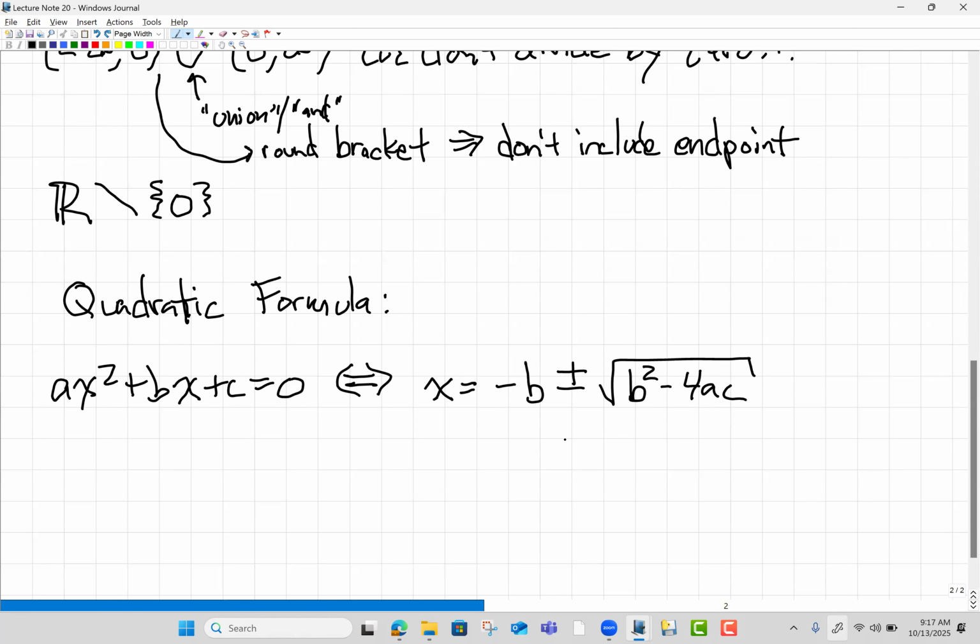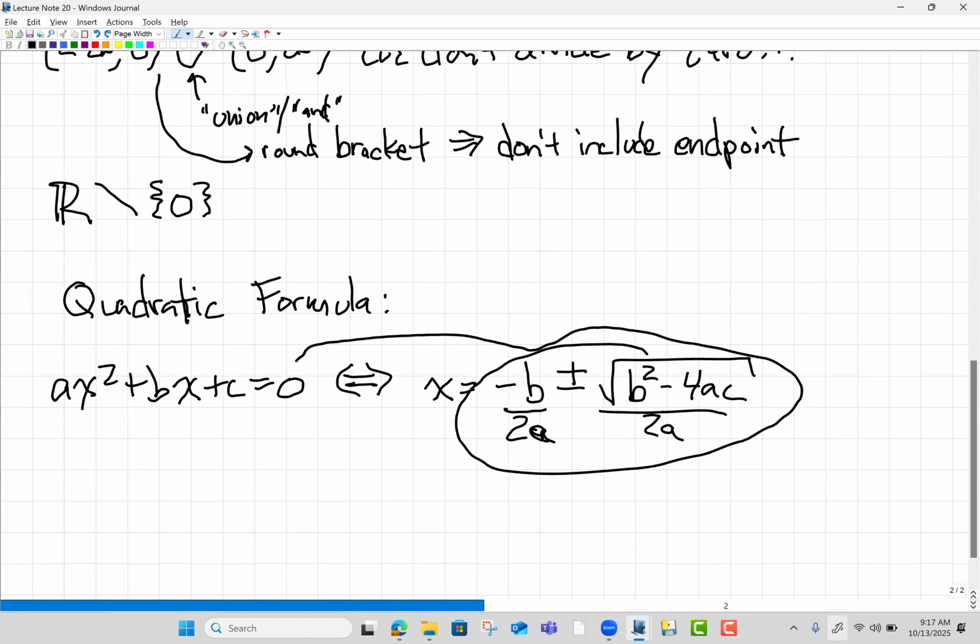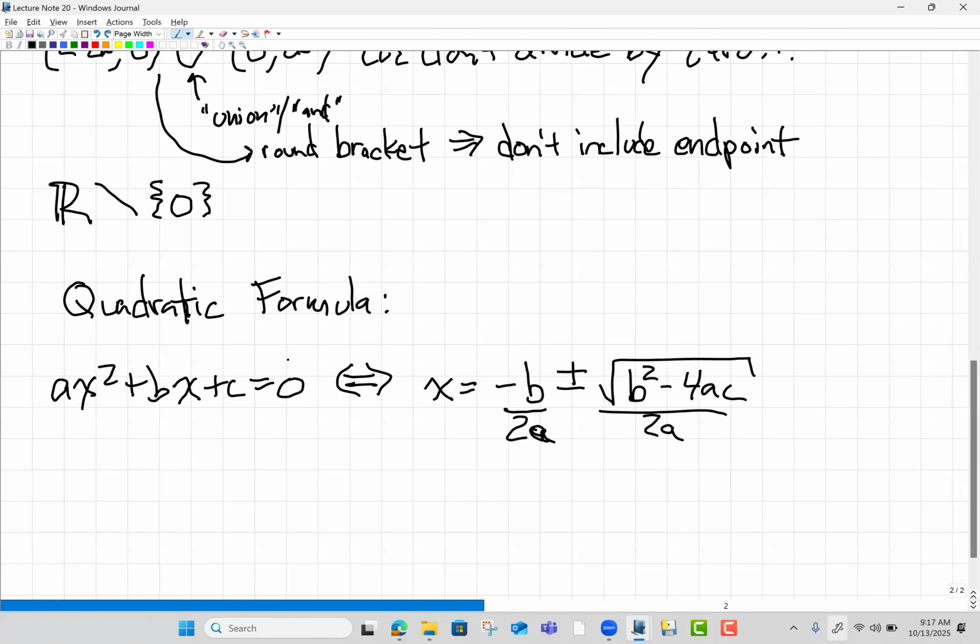Y'all might like it better like this if I broke it up. Okay. Either way is fine. They're the same equation, but this way we know exactly what x is. And actually, this is two equations, one with the plus and one with the minus. These are the two solutions to this thing. Okay.